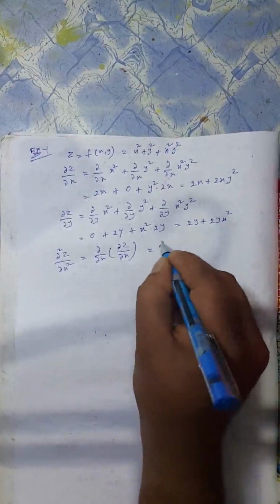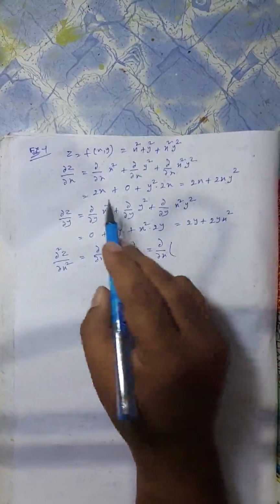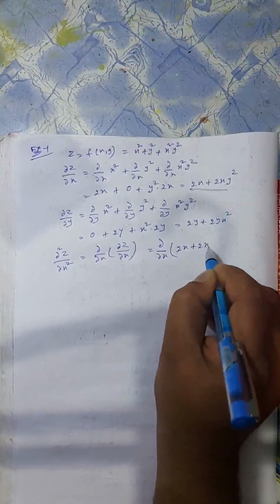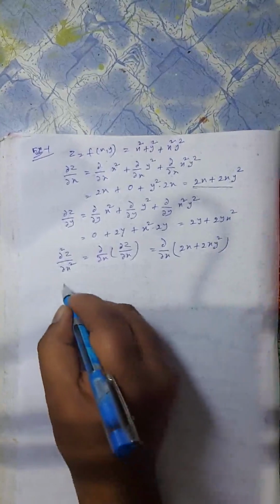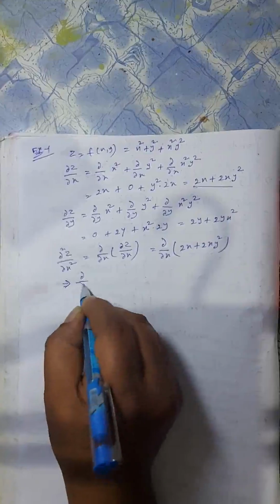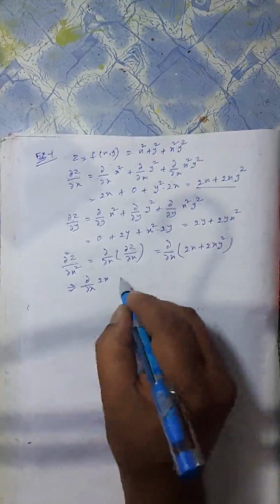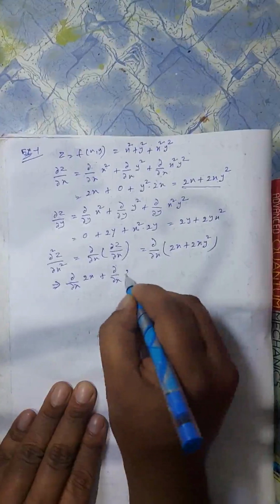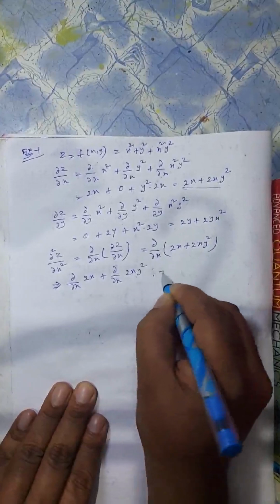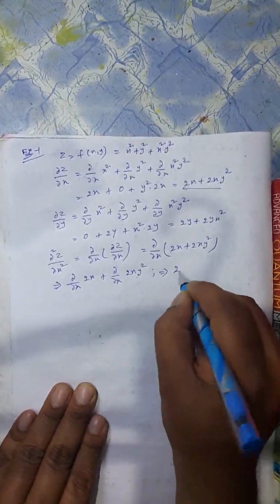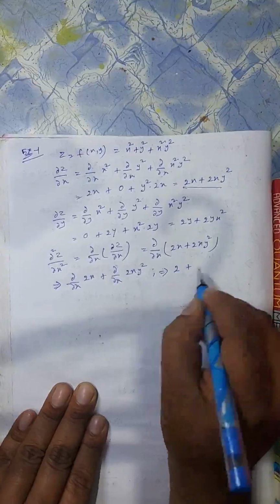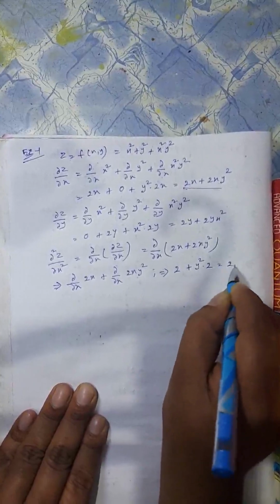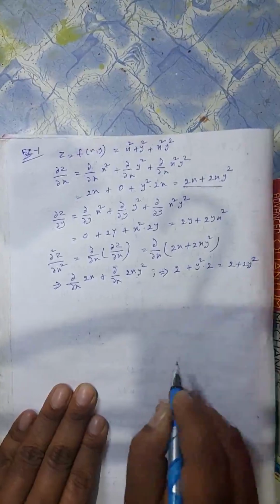So we write ∂/∂x of 2x plus ∂/∂x of 2xy². The derivative of 2x is 2, plus y² is constant, it comes outside, and the derivative of 2x is 2. So the answer is 2 + 2y².